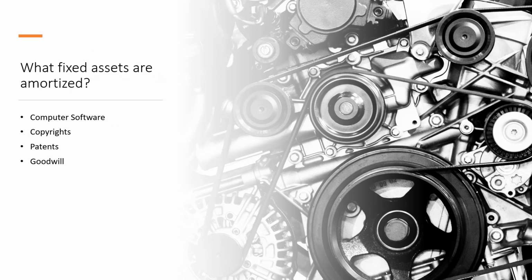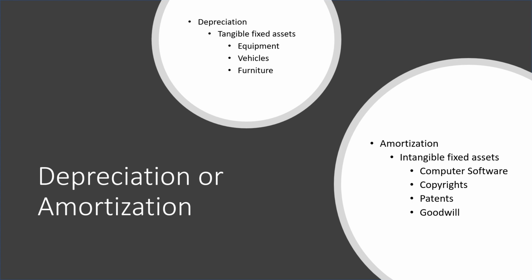These are some examples of fixed assets that are amortized: computer software, copyrights, patents, and goodwill. These are typically amortized on a straight line basis over the useful life of the asset. Depreciation or amortization, they're basically the same thing.